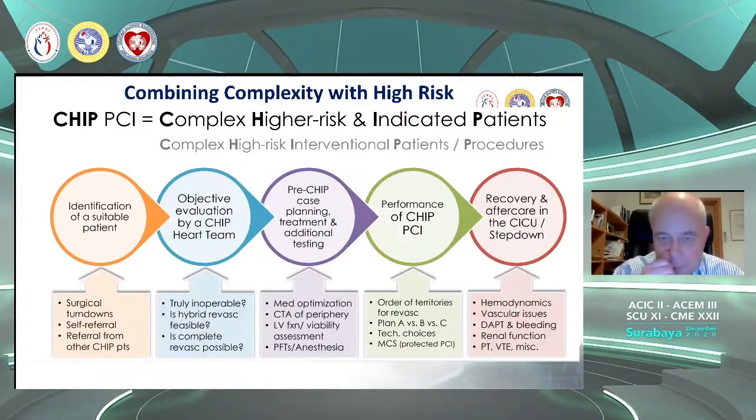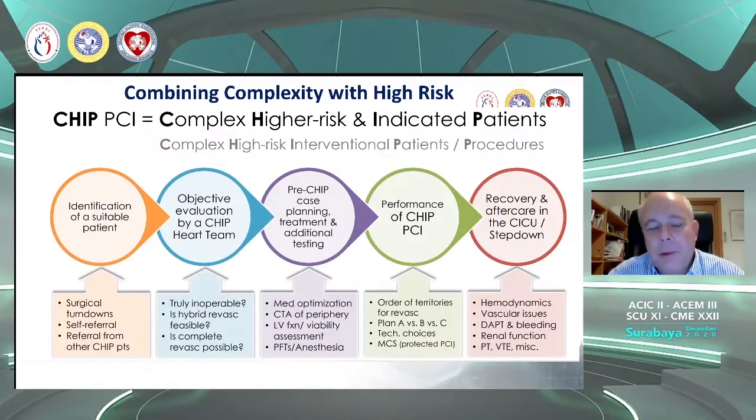Speaking of that, we look at the patients that have an even higher degree of complexity, and that is the complex patient with a higher risk. So then we're stepping into the territory of complex lesions, but there's also a high risk involved. And this could be, for example, a calcified left main type of procedure in a patient with a reduced ejection fraction.